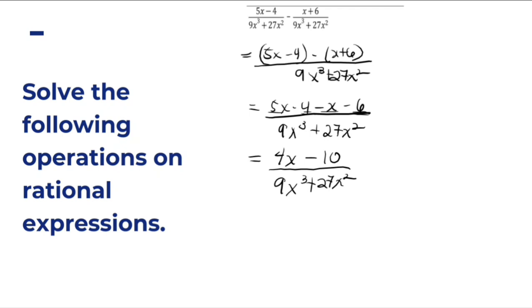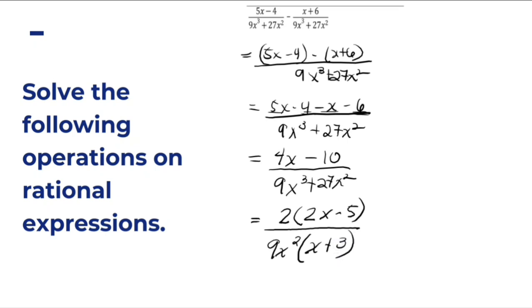So let's say, from this expression, the numerator can be factored using CMF. The common factor is 2. So we can factor out 2 and we'll be left with 2x minus 5. For the denominator, you have the common factor 9x squared, and you'll have x plus 3.